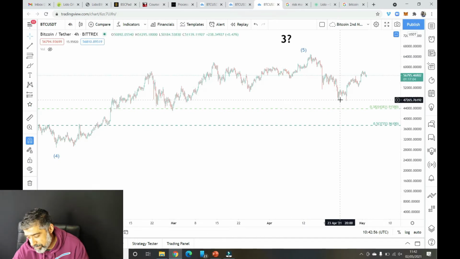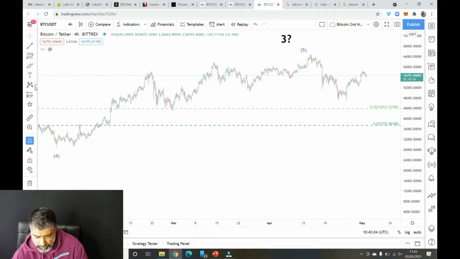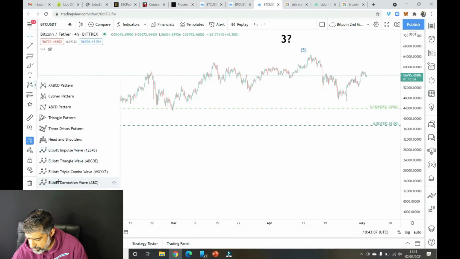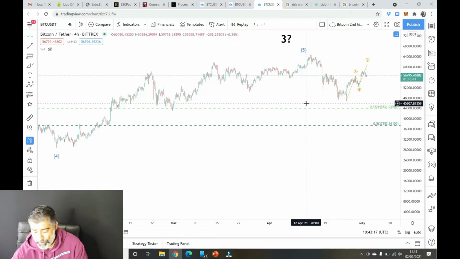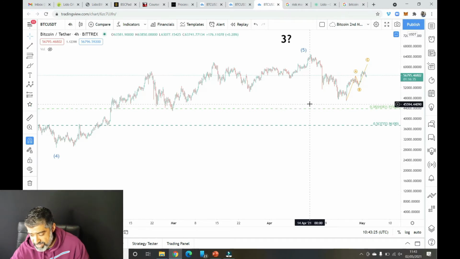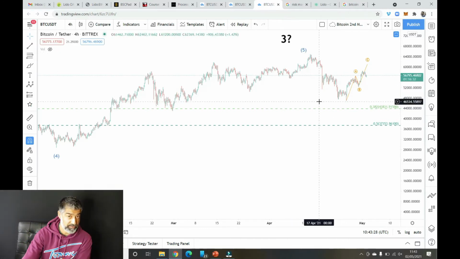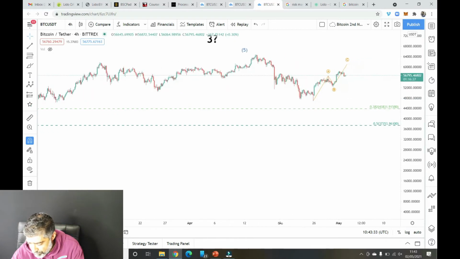A wave B typically breaks down into 3 waves, an A, B, and a C. And it looks like, and I'm going to draw this here so it's crystal clear, it looks like it's an A, B, C forming of a wave B. Now what I want to do is just do some really cool analysis that will show you where's the likelihood of it ending a wave B if it turns out to be a wave B. As long as this high doesn't get taken out, it looks like it's going to be very likely. And then what we should anticipate next. So I'm going to zoom in so it's really, really clear for you to see.